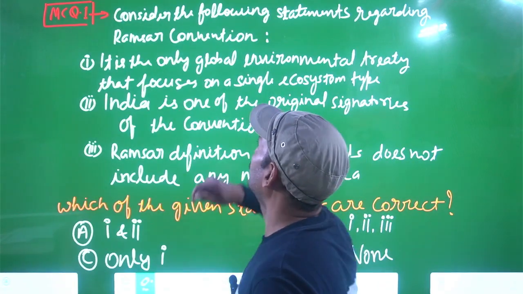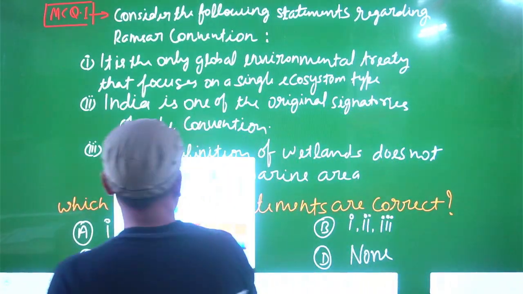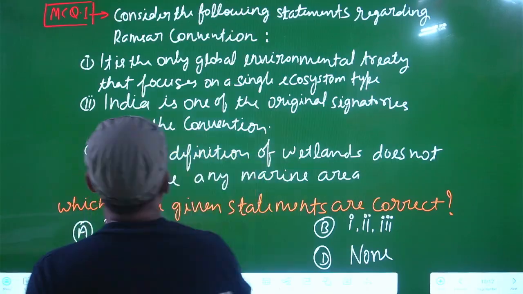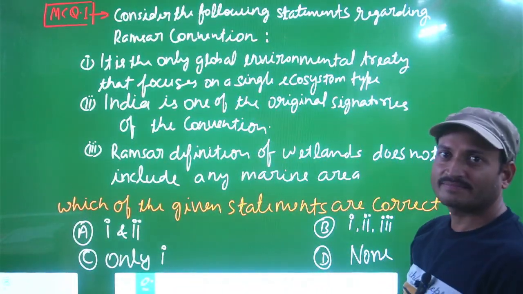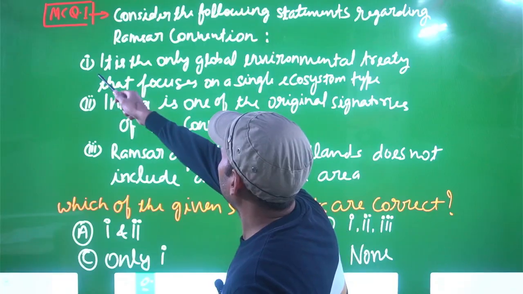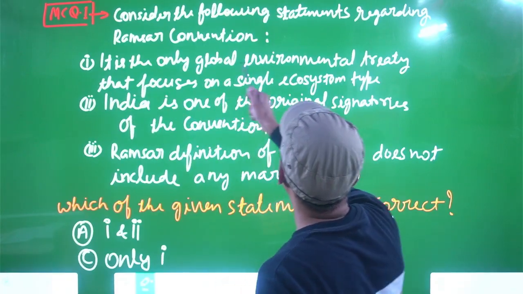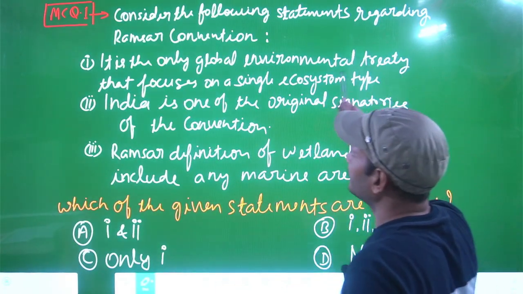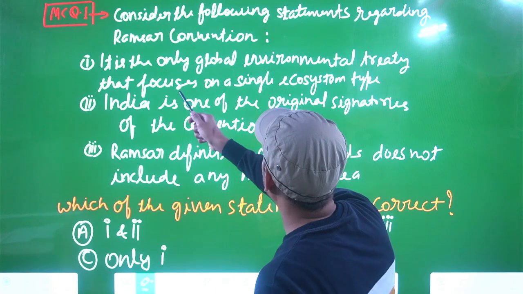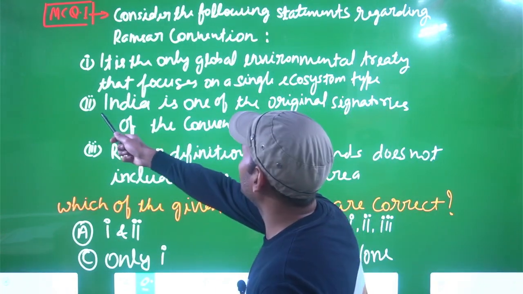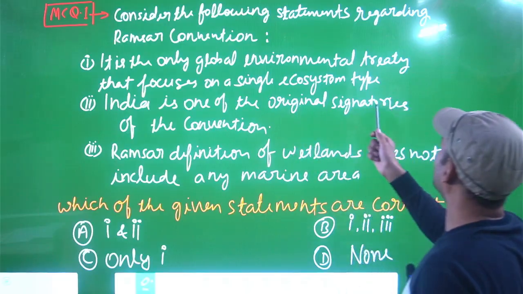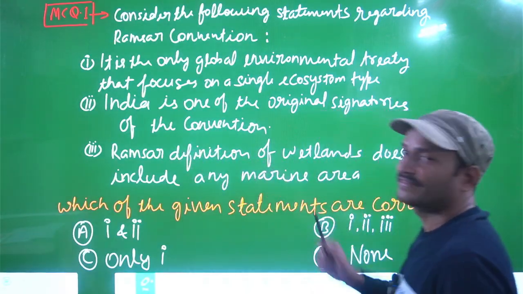The first MCQ is: consider the following statements regarding the Ramsar Convention. The first statement says, it is the only global environmental treaty that focuses on a single ecosystem type. The second statement says, India is one of the original signatories of the convention.